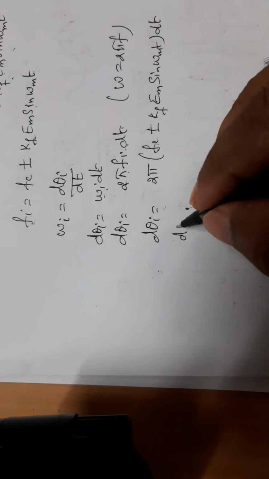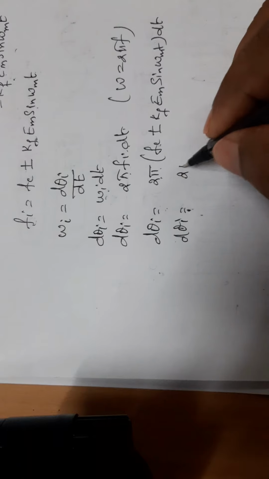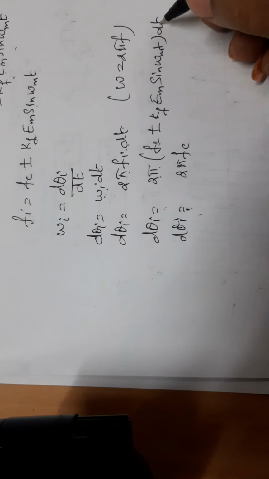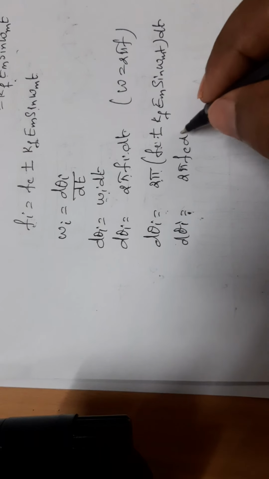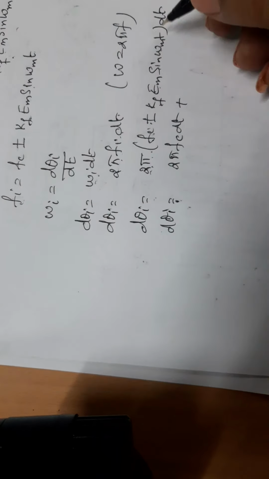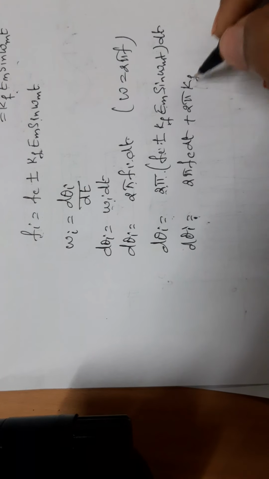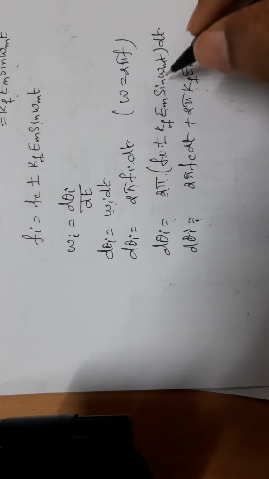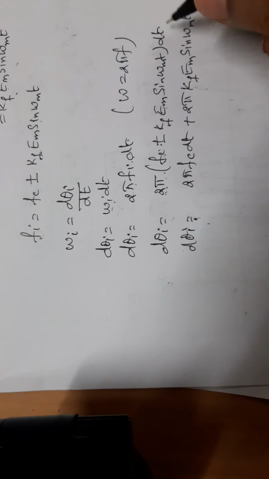Or d theta i is equal to 2 pi Fc dt plus or minus 2 pi Kf Em sine of omega mt into dt.